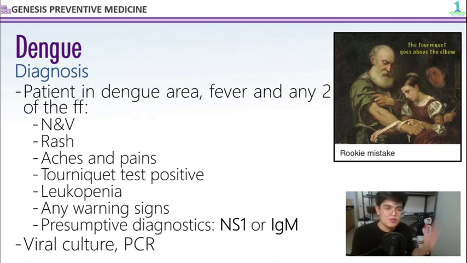So these are virus isolation techniques. So the tourniquet test or the Rumpel-Leede capillary test involves placing a tourniquet above the antecubital area.